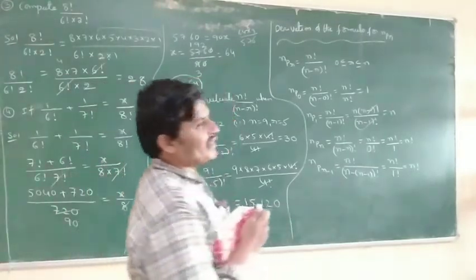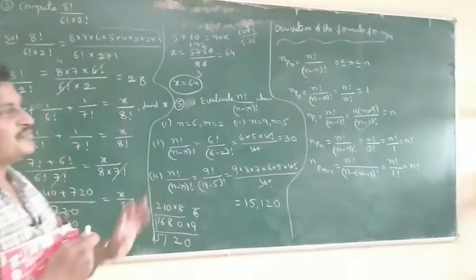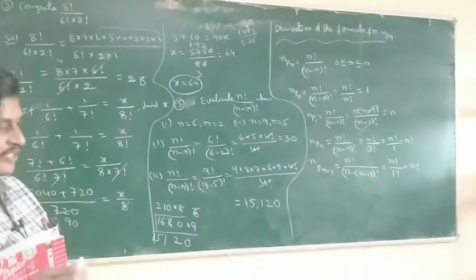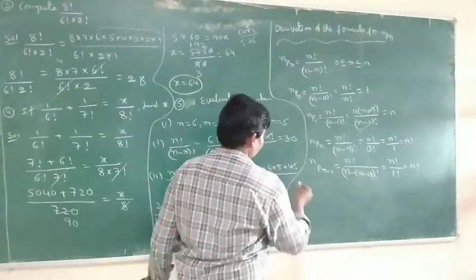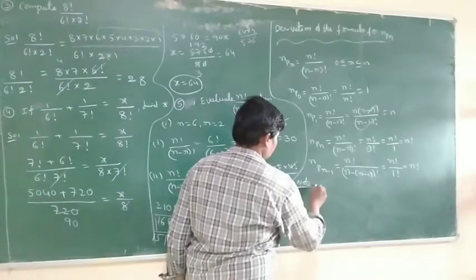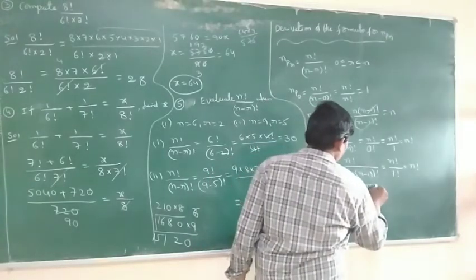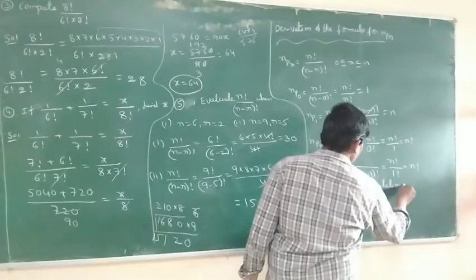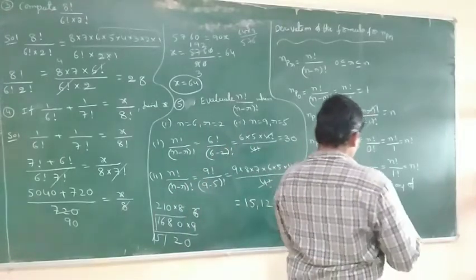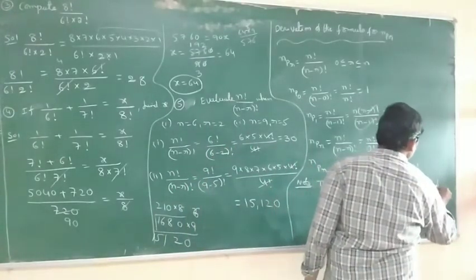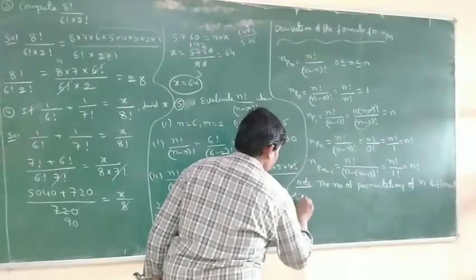Some n objects are given, and taking r objects and arranging them means nPr without repetition. Now, with repetition: what is it?